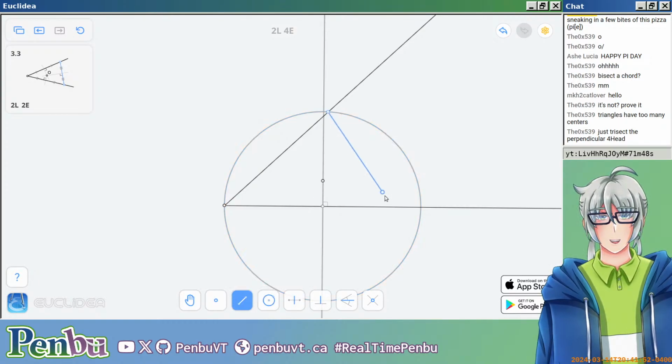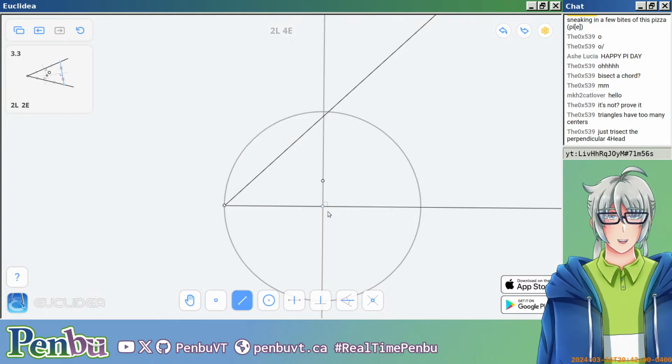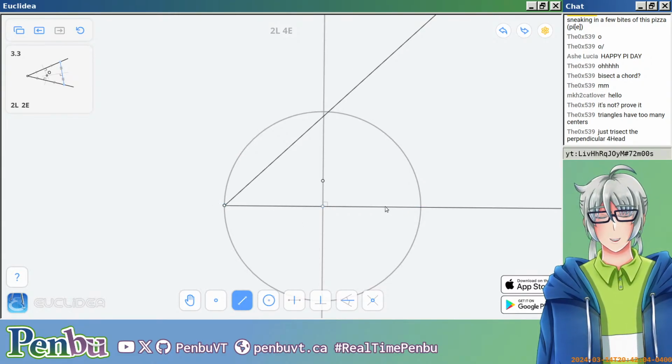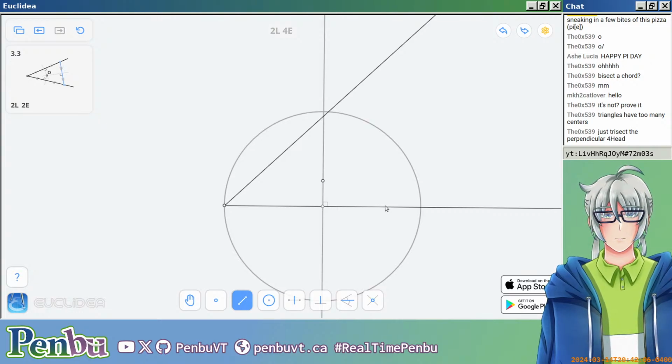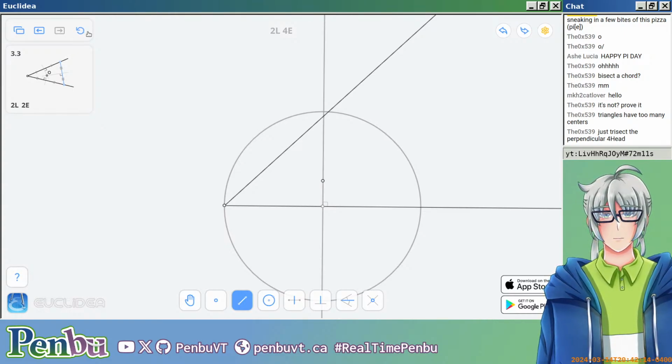Does that mean that... No, it's of course not. But being a bisector means that this has to be one point, and then we need the other one. Wait, we can get this in 2 elementary moves. How?